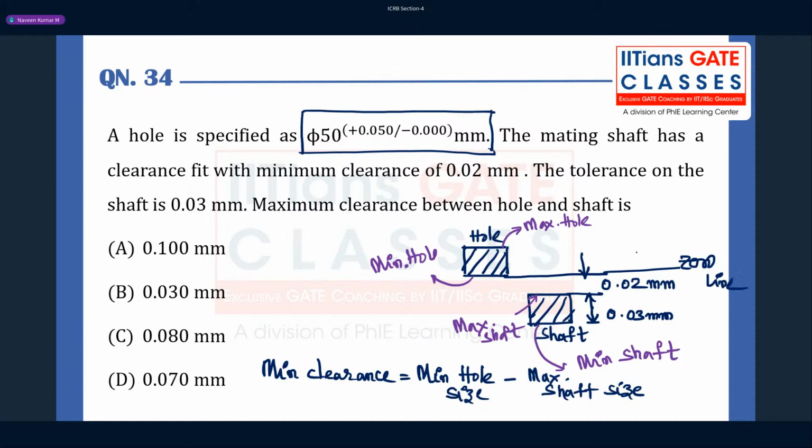If this is the zero line, the minimum hole size will be equal to the actual size here, which is 50. So the minimum hole size is also 50. That's the reason we can find out the maximum shaft size: minimum clearance is 0.02, minimum hole size is 50, and we'll find the maximum shaft size.